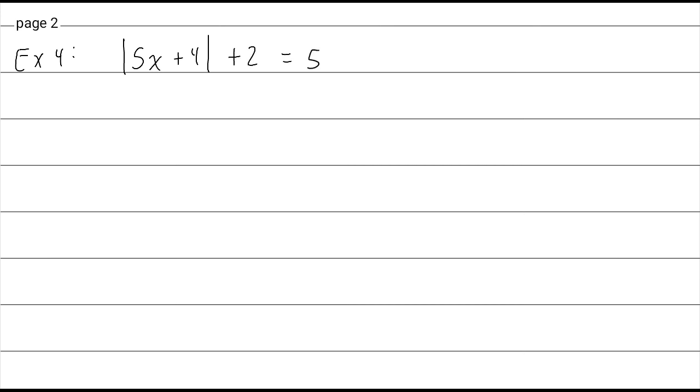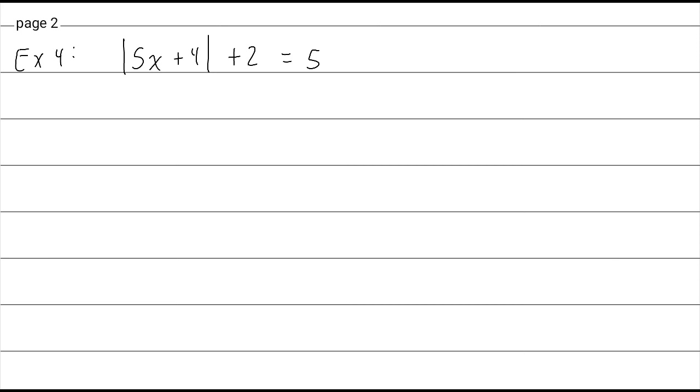Let's do 2 more examples. The absolute value of 5x plus 4 plus 2 equals 5. Similar to the last problem, we need to take care of this plus 2 so we can get the absolute value by itself.